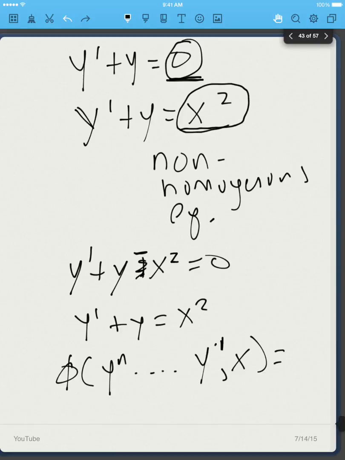if we can write that as not being a function of x, then f of x cannot equal 0, because obviously if f of x equals 0, it's homogeneous, but if f of x is something other than 0, then we would call it a source term, which indicates that it's a non-homogeneous equation.